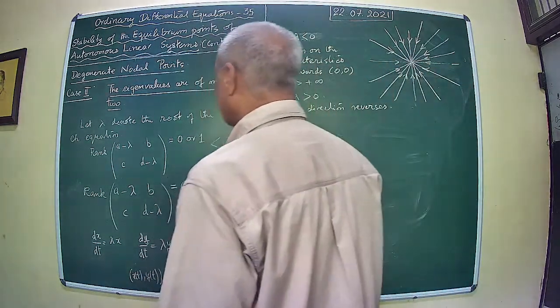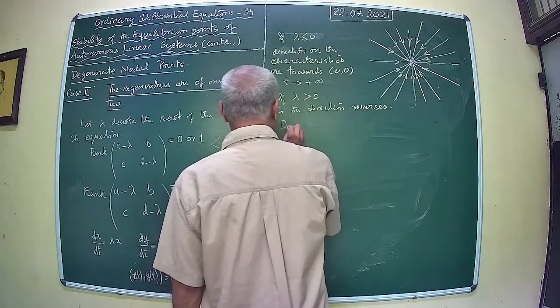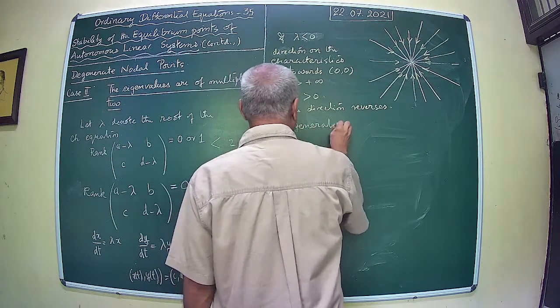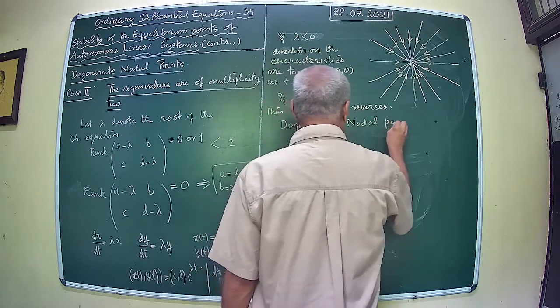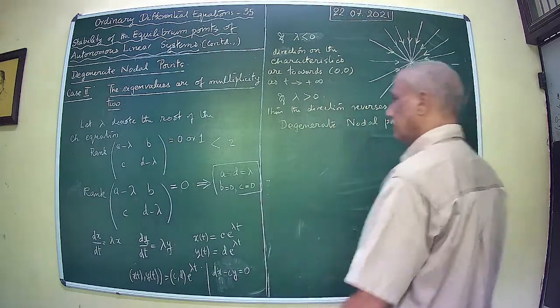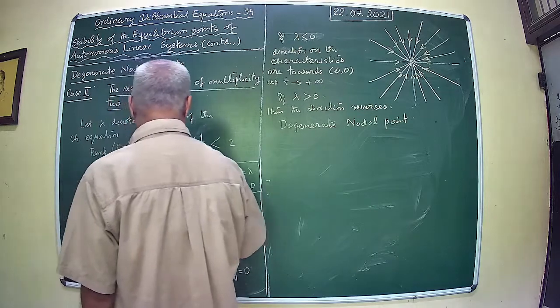So this is what is called a degenerate node. This corresponds to the case where this is equal to 0. This is the condition that we have looked at.